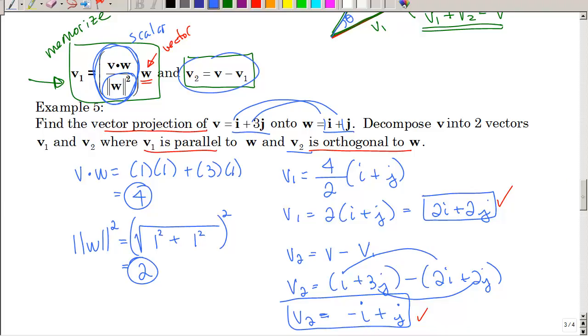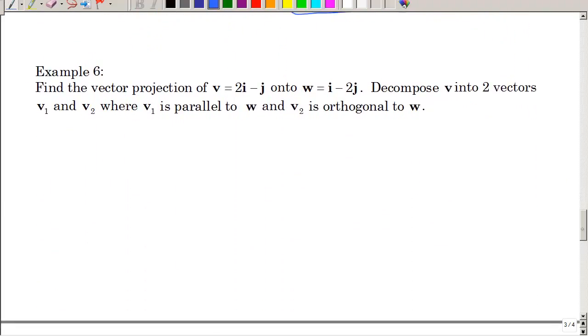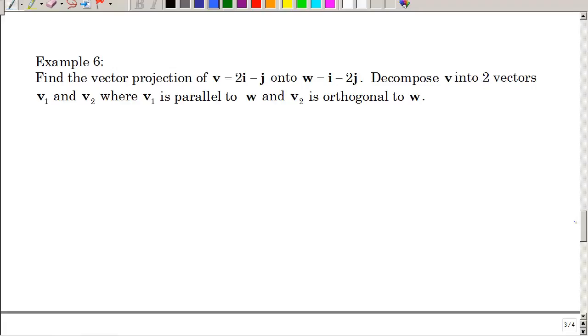Let's just go through one more example. You're looking at your formula. I'm not going to confuse you by using different letters on the test. I'm going to keep it with v's and w's. So I need to know the dot product.